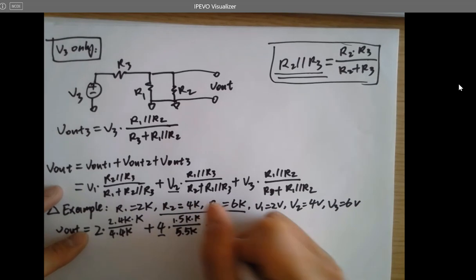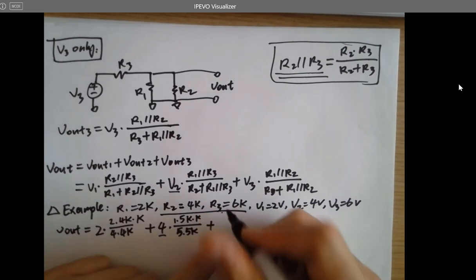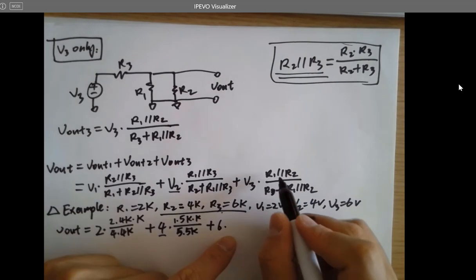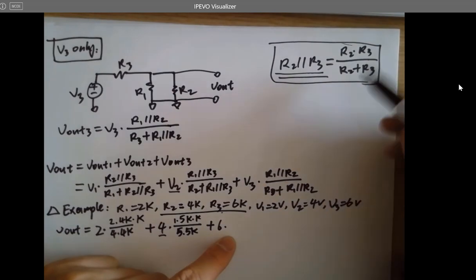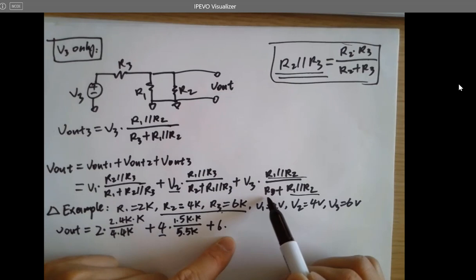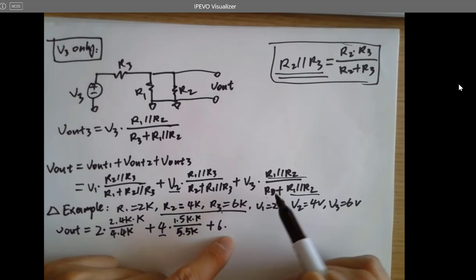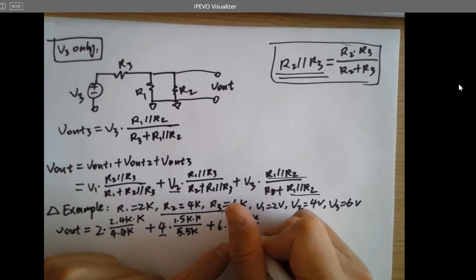You can verify it after class. And then V3 is 6 volts. And then R1 in parallel with R2 over R3 plus R1 in parallel with R2. Same, use this equation to calculate these values and put R3 inside as well. So you can eventually get this over 7.3K.